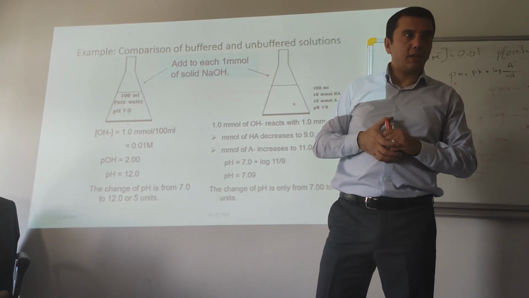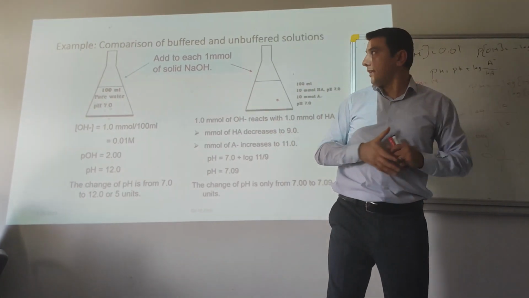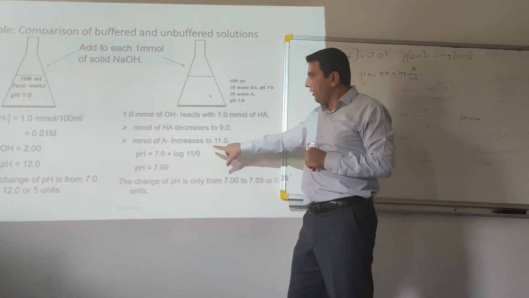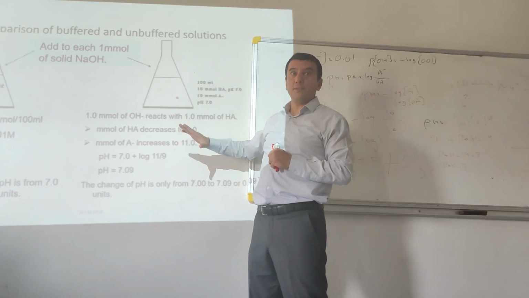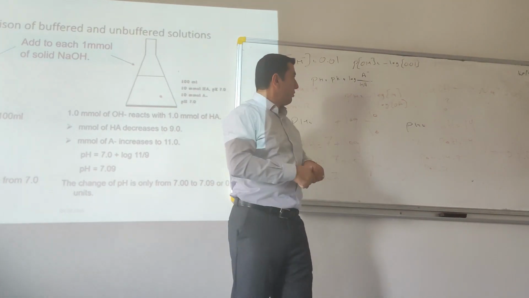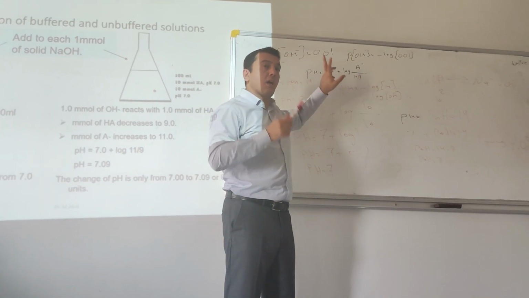No problem. Look at the second one. Can you show us the second one? The second one, this one? Yes. The equation that you use for this type of question is the Henderson-Hasselbalch equation. Why?